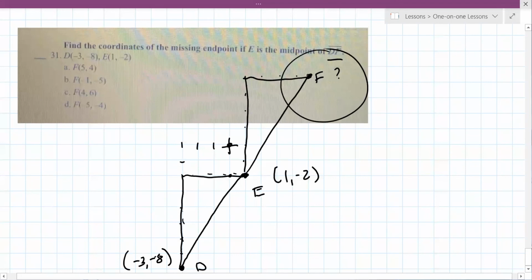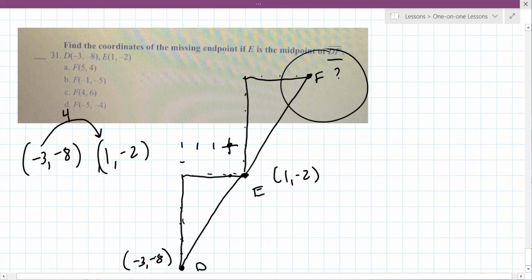Okay, but there's actually a better way, and it's to look at the ordered pair here. The ordered pair, (1, -2), I call this a jump. How much did you jump to go from -3 to 1? How much did you go up? The answer is 4. And how much do you go up to go from -8 to -2?